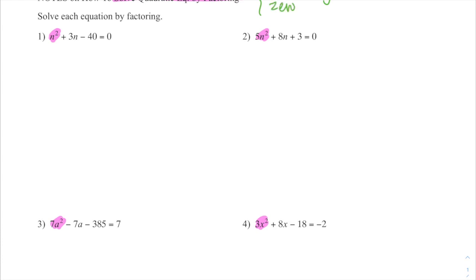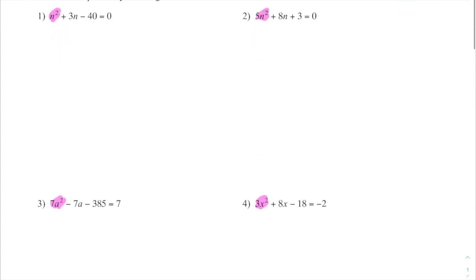And then we also need to use the zero product property, which was your last assignment, right? That's where when we had two things multiplied to give us 0, one of those things had to be 0. So factoring is our first step, and then the zero product property is our second step.